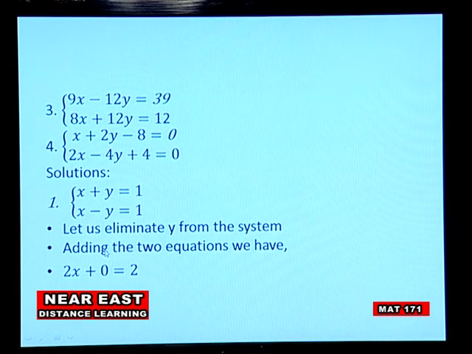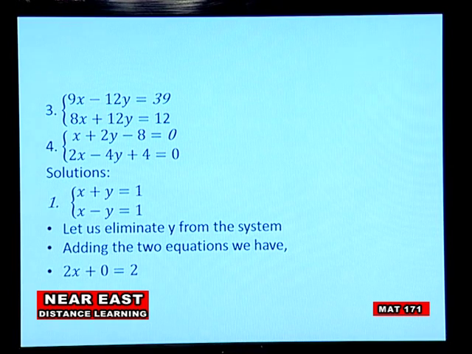So let's see how we use the elimination method and solve these examples. Let's start with the first one: x plus y equal to 1, x minus y equal to 1. The idea in the elimination method is that we have 2 variables. Depending on your choice and how simple it will be for you to eliminate one of the 2 variables, choose it.